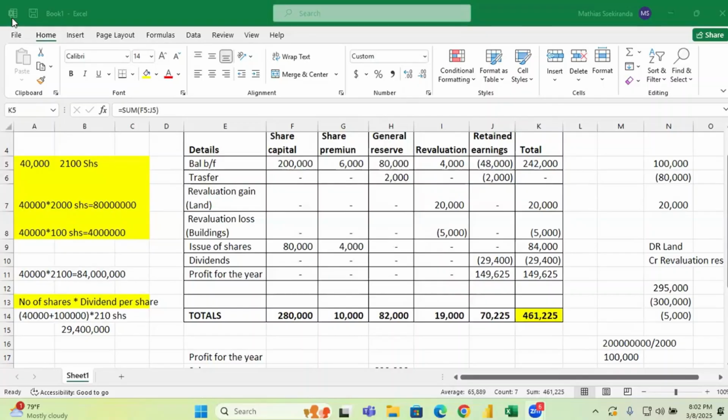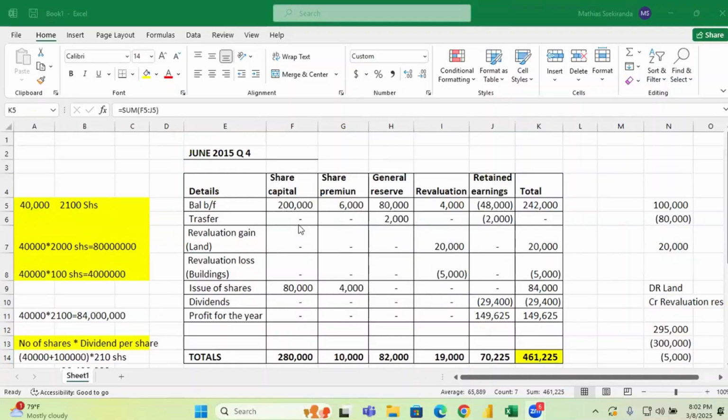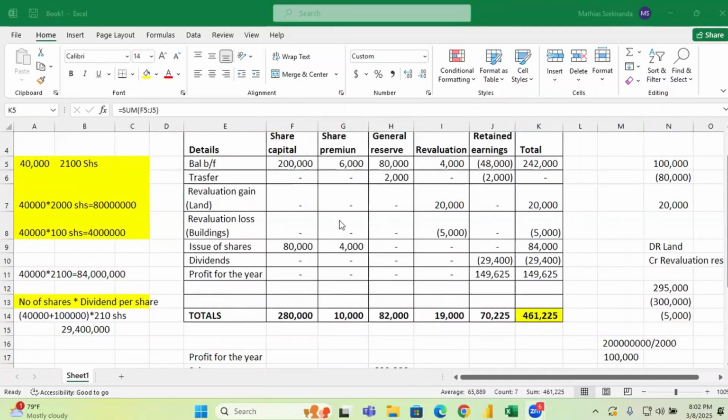So if you asked for the balance sheet, do we take the figure at the end, or we need to take the share capital with its balances, share premium, general reserve, and we take their balances? What do we do? We take individual balances in the balance sheet. We take these totals in the balance sheet.